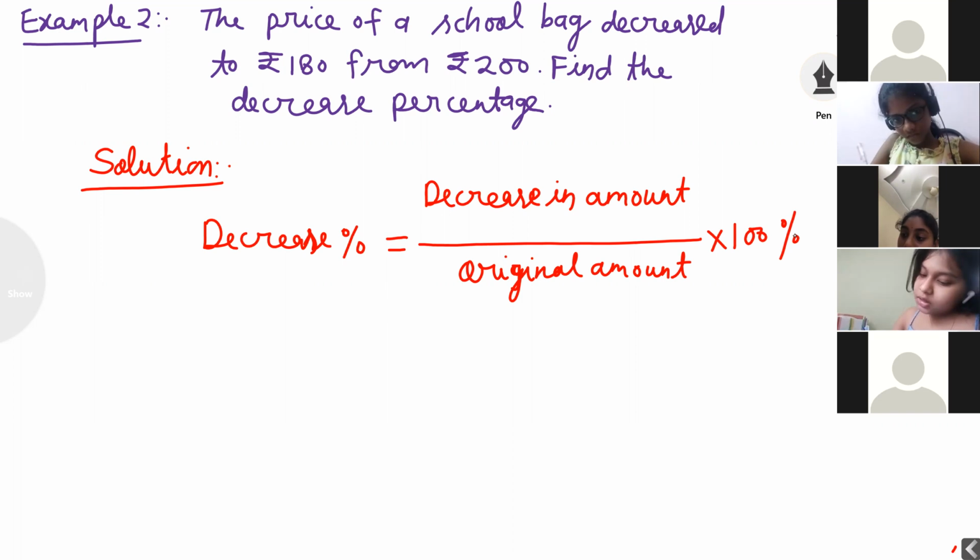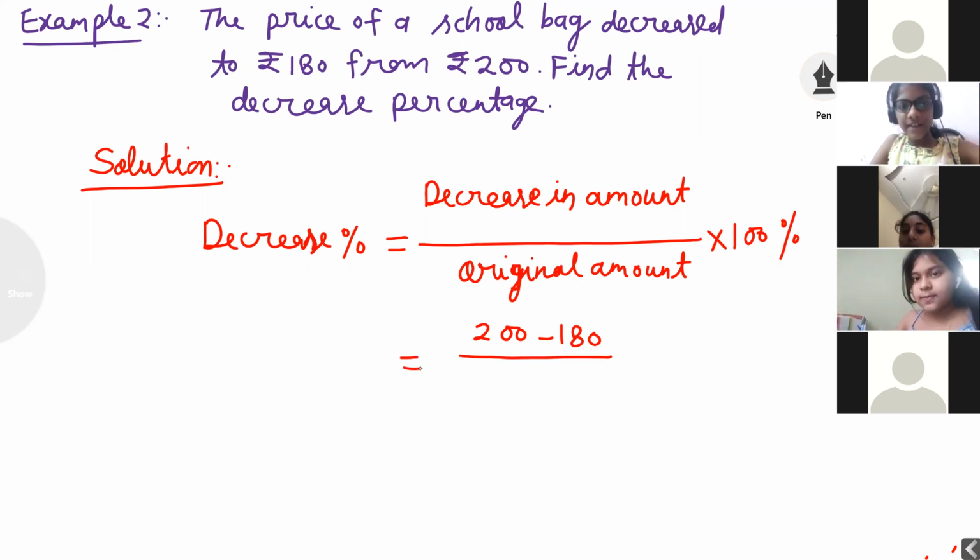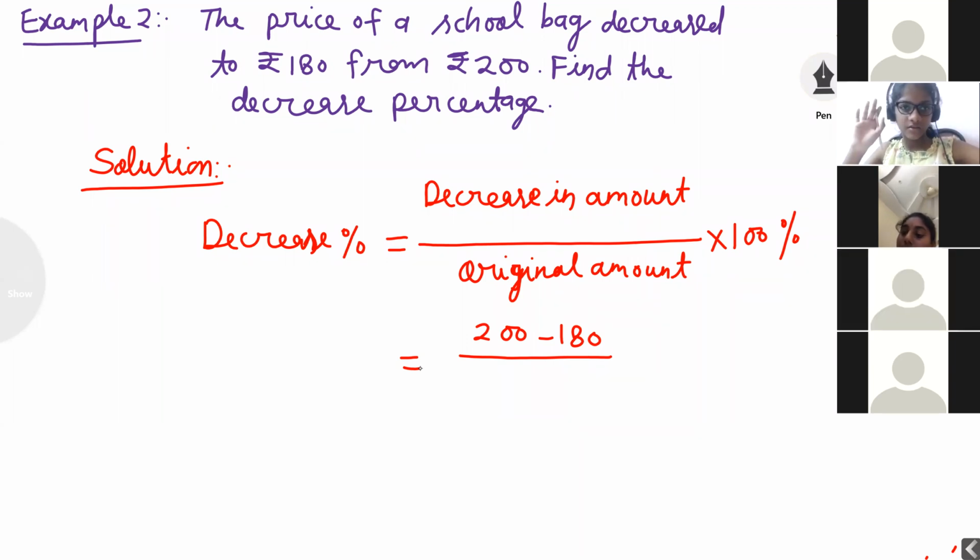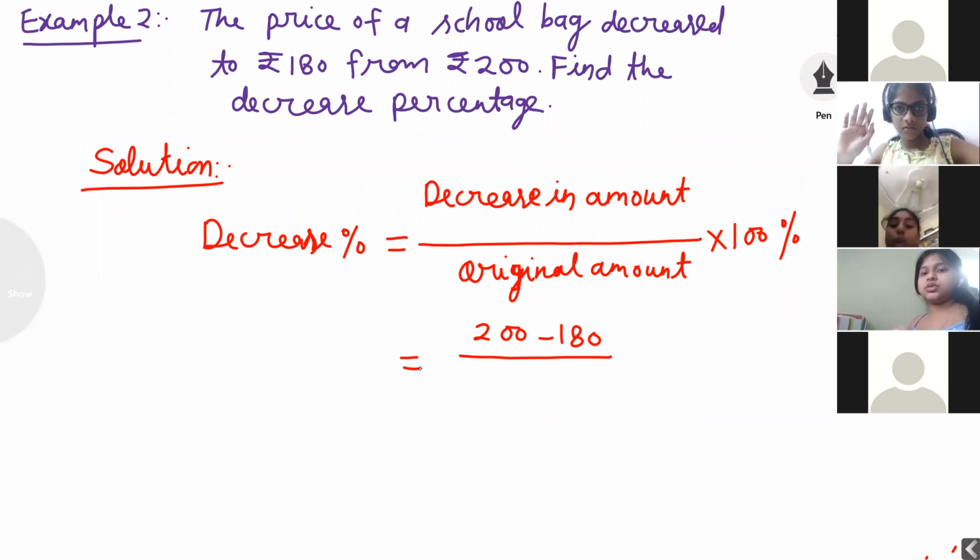Now decrease amount means 200 minus 180, divided by what is the original amount here? Who will tell me? Don't confuse, students.